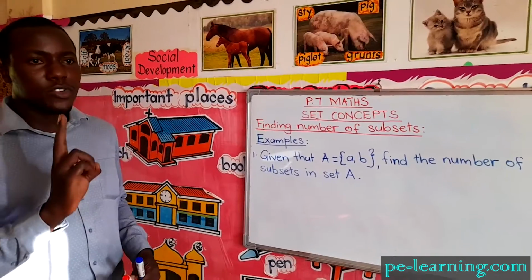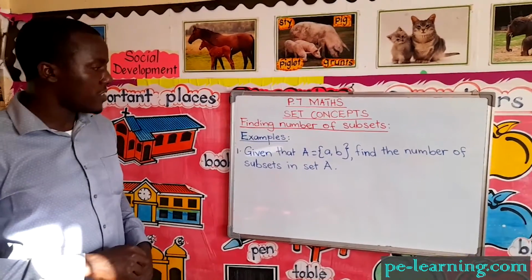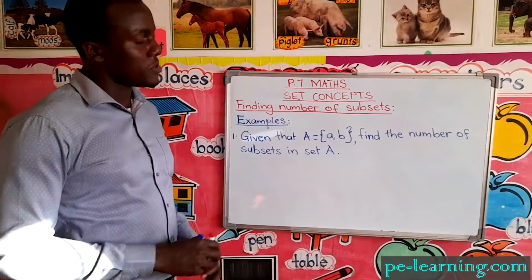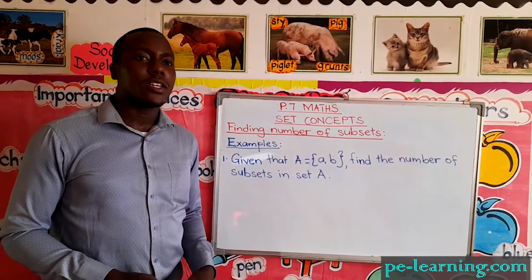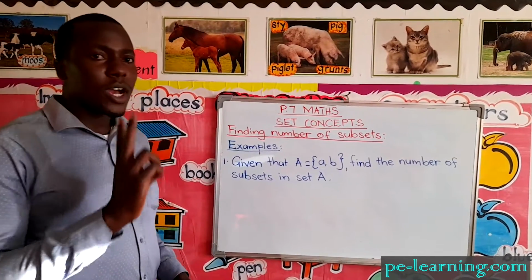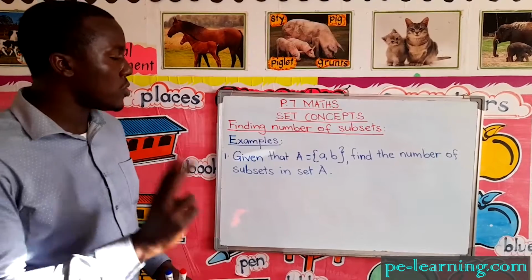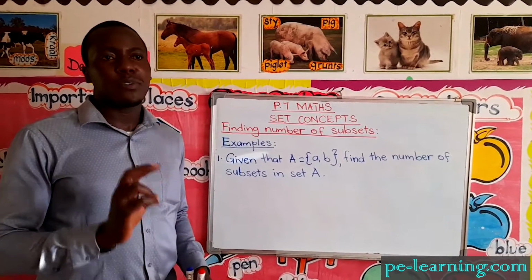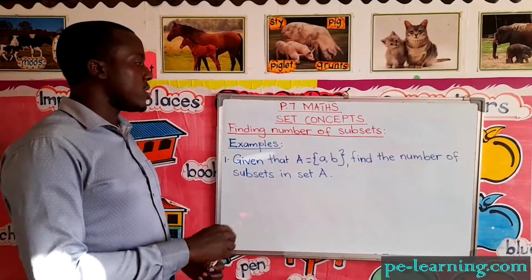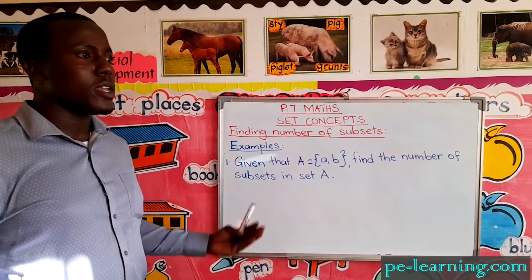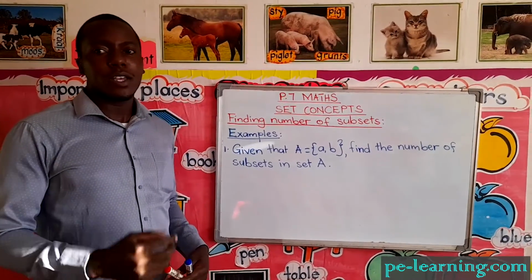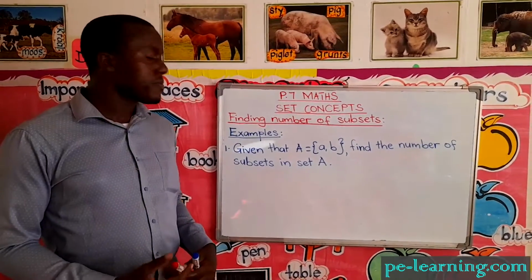We have only two members in set A, and that is A and B. The question is, find the number of subsets in set A. We have two ways of how to get the number of subsets. The first one is by listing, and the second one is by using a formula.